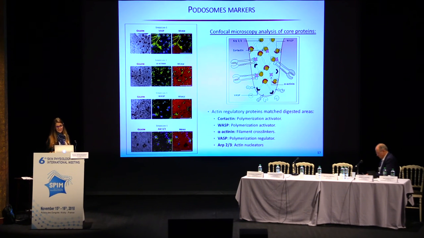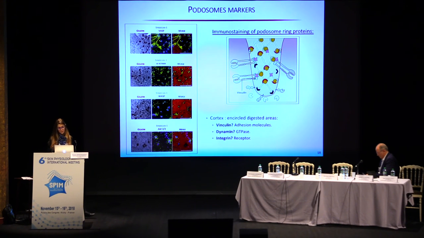So these results match with the podosome literature. We are currently performing immunostaining of podosome ring proteins with vinculin antibodies in order to stain the cortex. These results are still in process, and we found for the first experiment that this is the case. So we found that vinculin stained the cortex as expected, like syndecan-1.